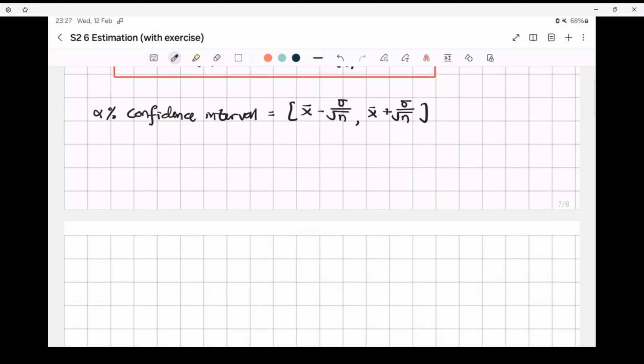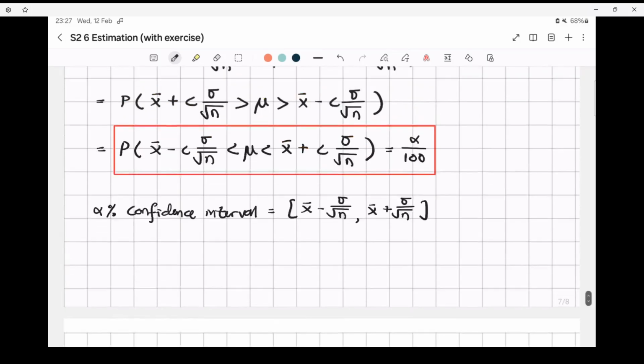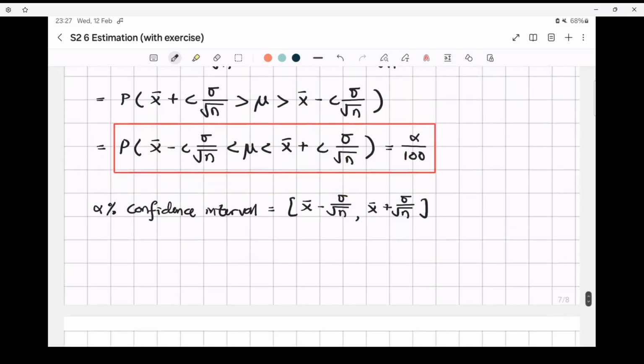Okay, so how do you find the value of C? C depends on your confidence interval. I think it's clearer for me to show it through exercise because right now you don't know all the values.